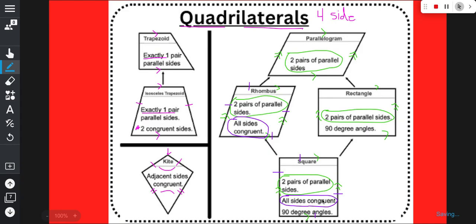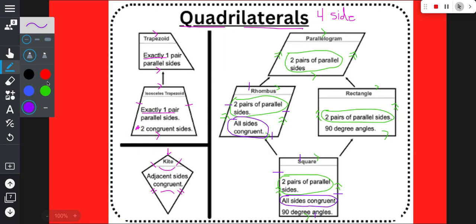So if I look at the definition of a rhombus, a square fits that definition. So a square can be called a rhombus. If I look at the definition of a rhombus, a parallelogram cannot fit it because of this added definition of all sides are congruent. So a rhombus can be called a parallelogram because it has that definition, but a parallelogram cannot be called a rhombus.